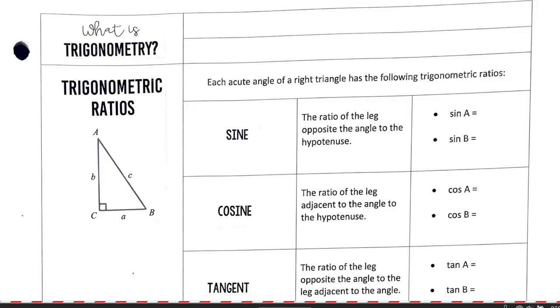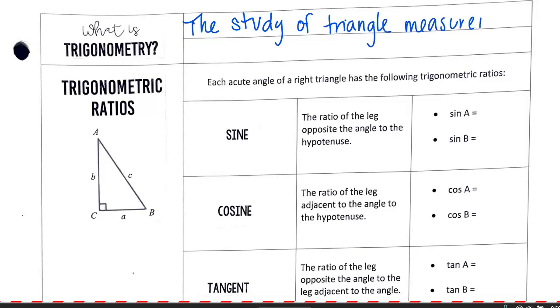So what is trigonometry? Well, trigonometry is just the study of triangle measurement. This will allow us to calculate missing sides and angles of right triangles.